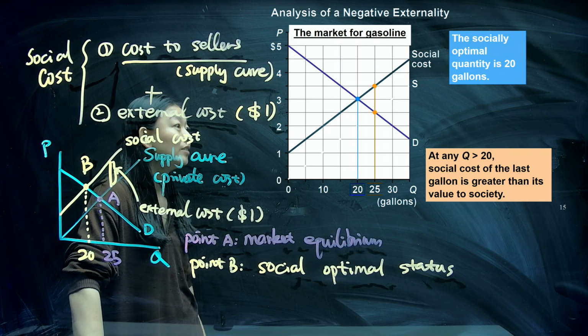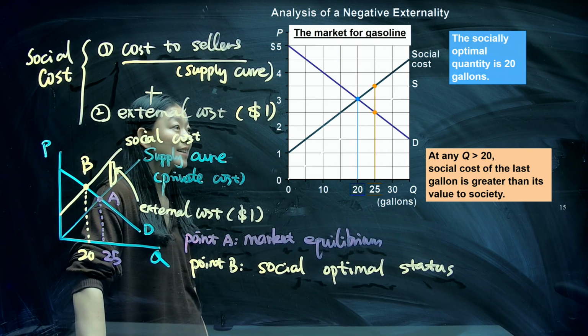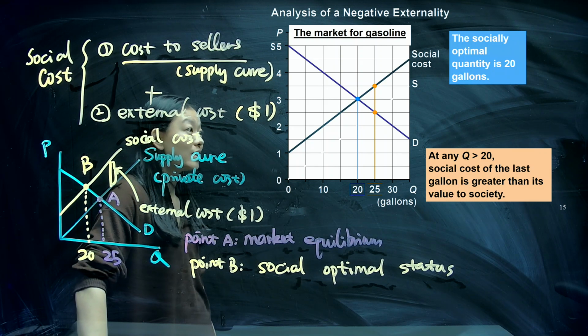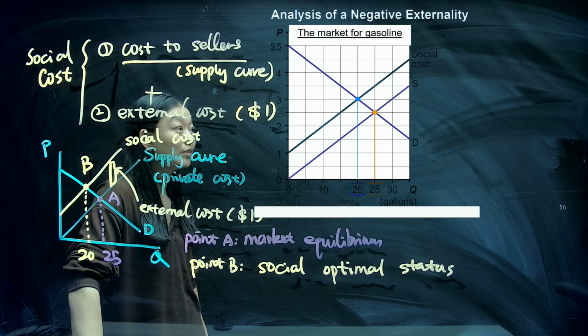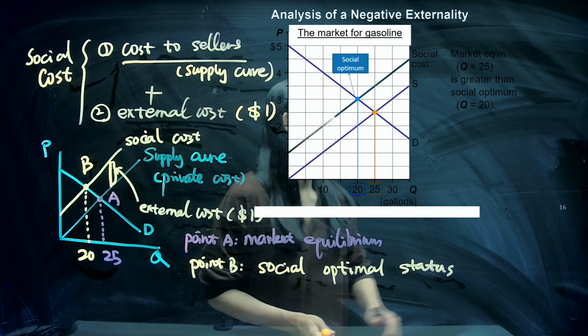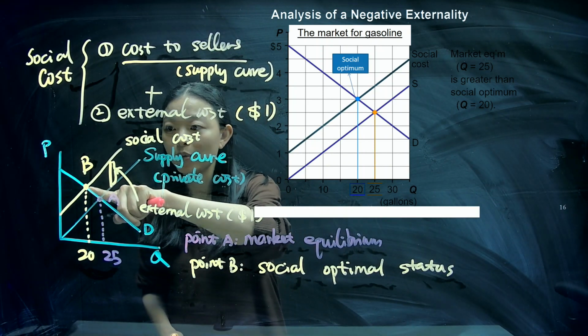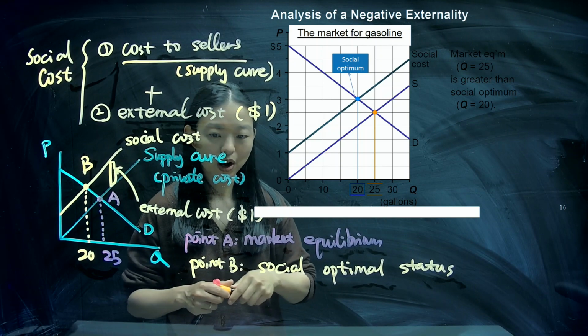At any quantity larger than 20, the social cost of the last gallon is greater than its value to society. Therefore, we have the social optimum at point B.